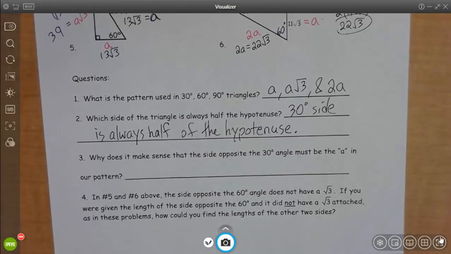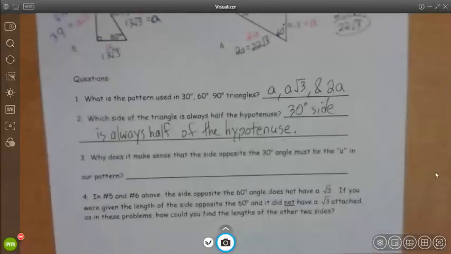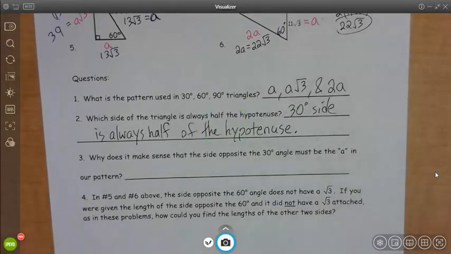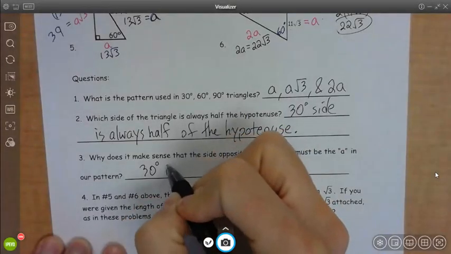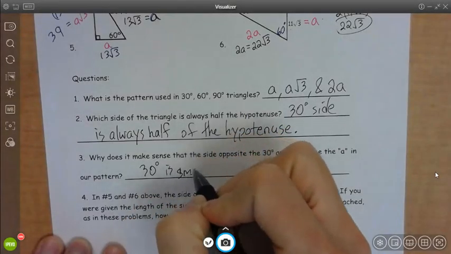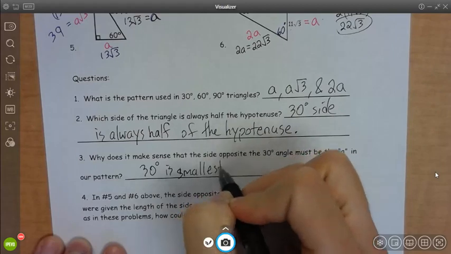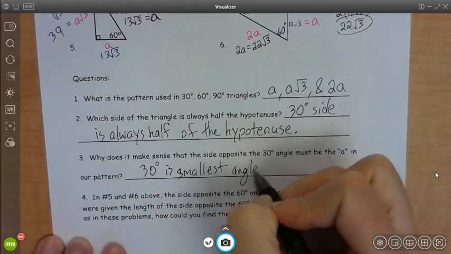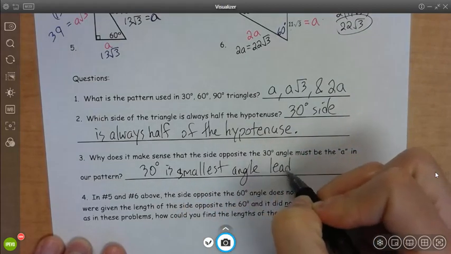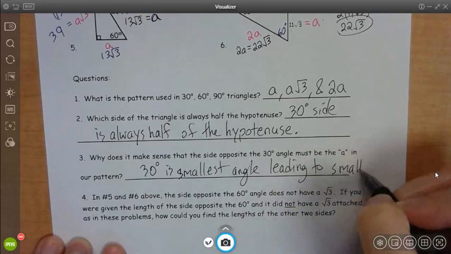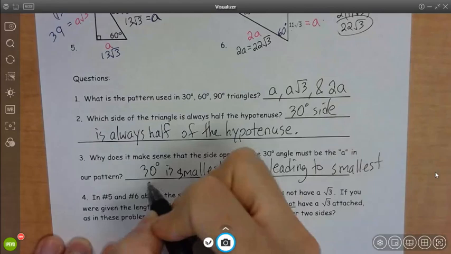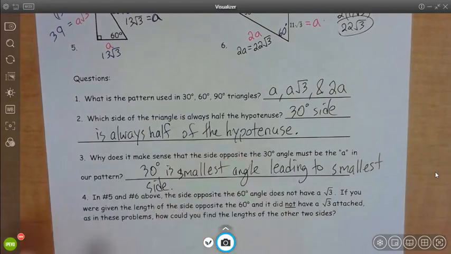That would be the reason why. So the 30 degrees is the smallest angle, leading to the smallest side. And that kind of covers number 3.